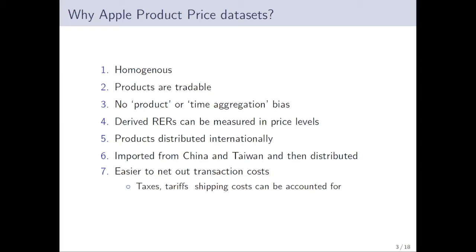Finally, since it is a specific technological product that's imported by each country and sold by the country's respective online iStores, transaction costs, specifically taxes, tariffs, and even shipping costs, can be measured or at least estimated and controlled for.